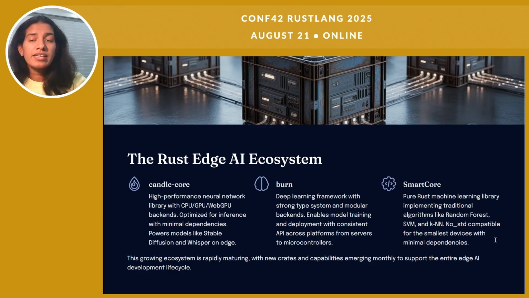And finally, we have Smart Core, which is a machine learning library implementing traditional machine learning algorithms and is also compatible with no_std.